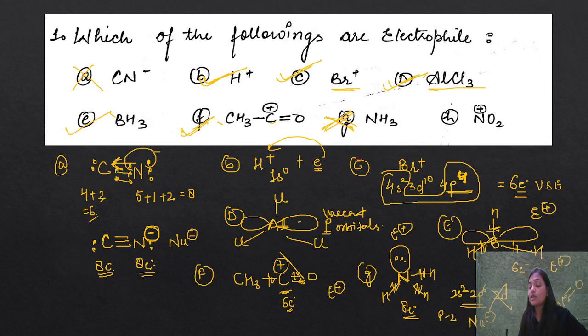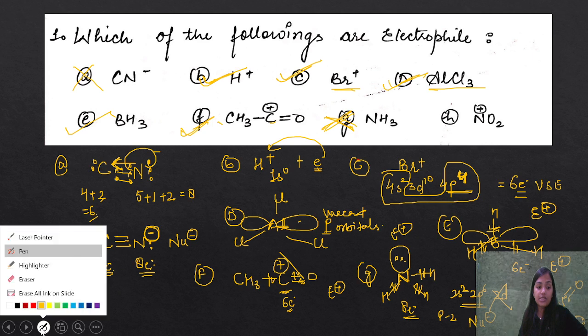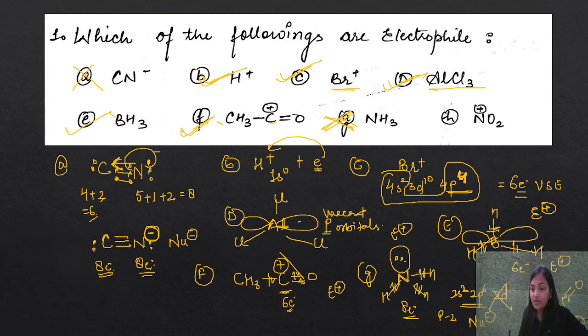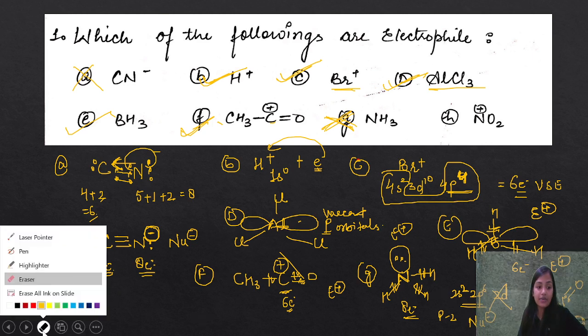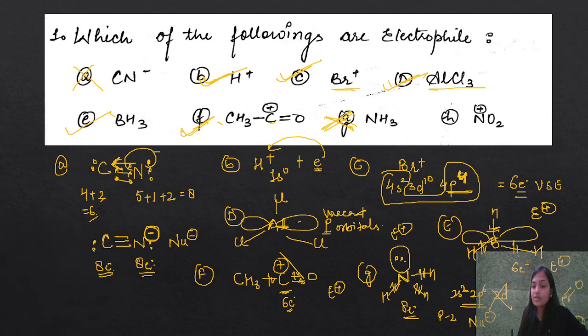So in the case of NO2 positive, over the nitrogen we have 4 electrons. Definitely this nitrogen will form this kind of coordinate bond bearing a positive charge. Nitrogen has 5 electrons, but because of the positive charge there is a loss of 1 electron, ultimately 4 electrons.